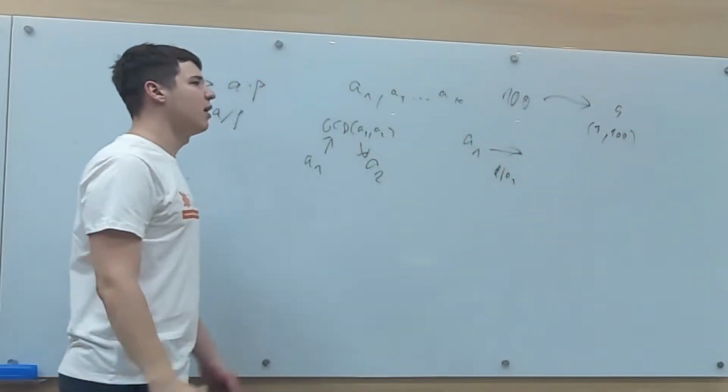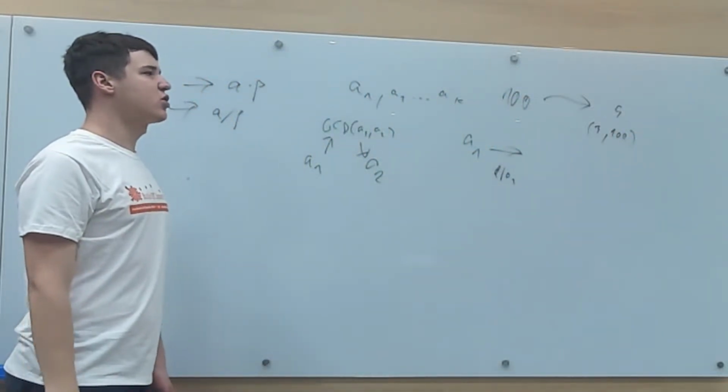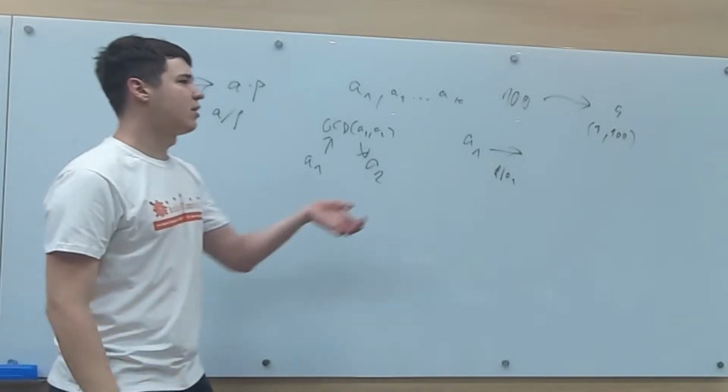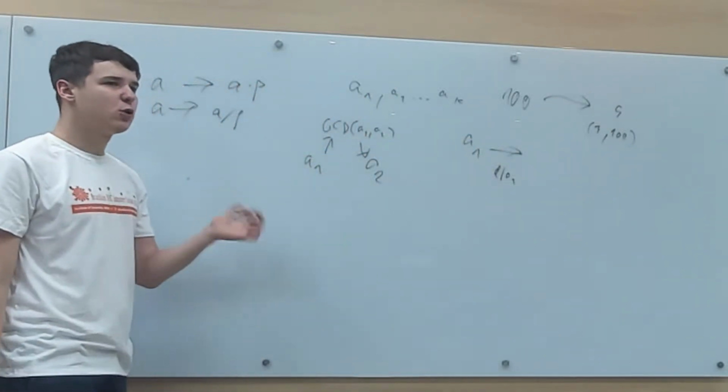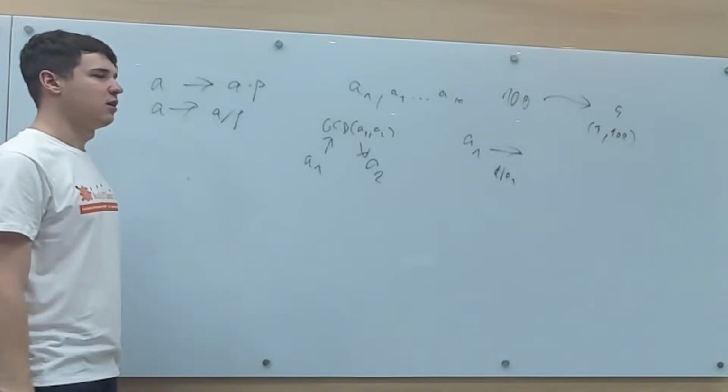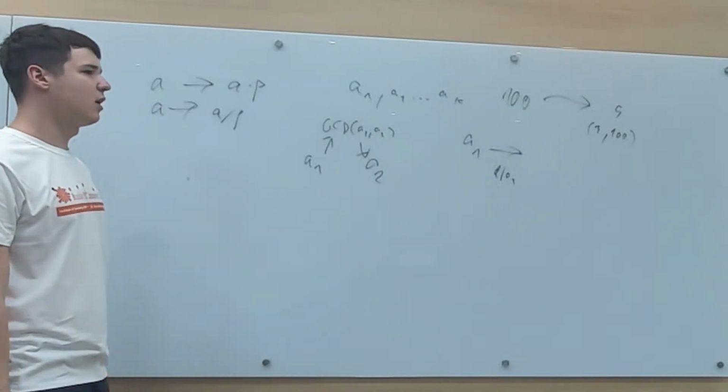And now for each number here, we'll maintain the 2 closest, the 2 best scores. Why 2?